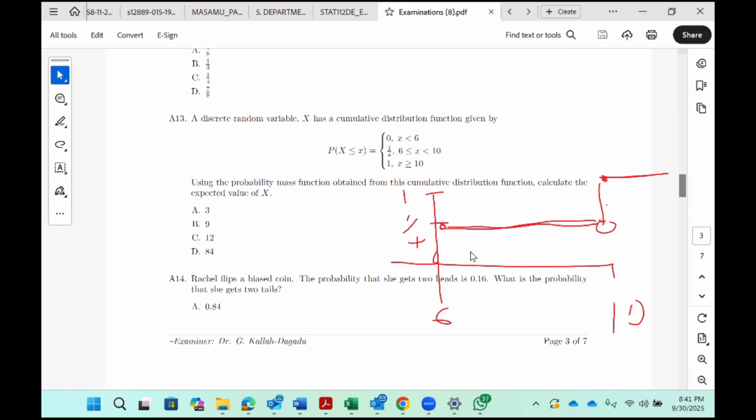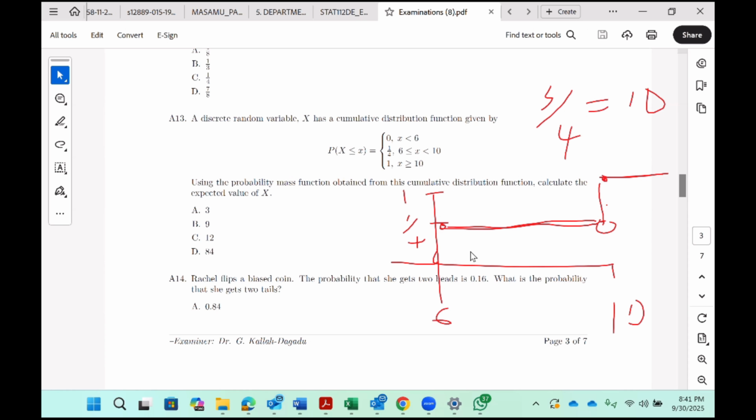So it means that the probability at 10 is 1 minus 1 over 4, which will be 3 over 4, corresponding to 10. Then from 6 to 9 is 1 over 4, so the mid value will be assigned that probability. Then you use that to calculate your expected value.